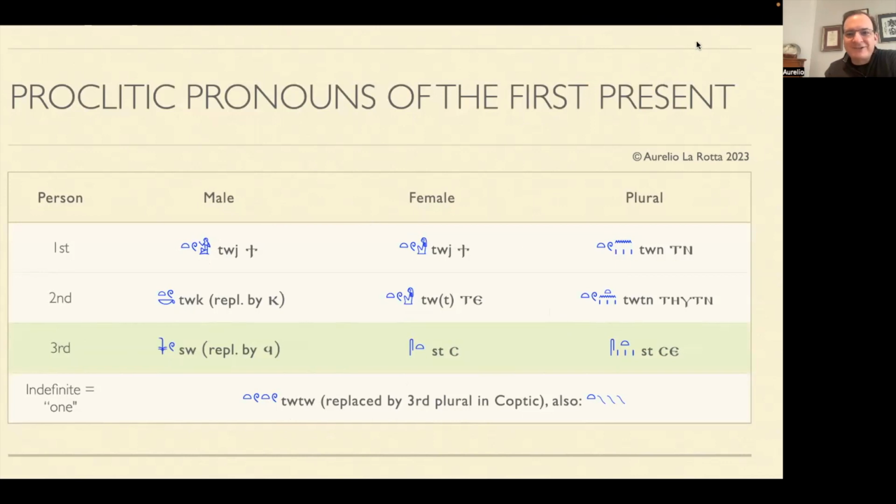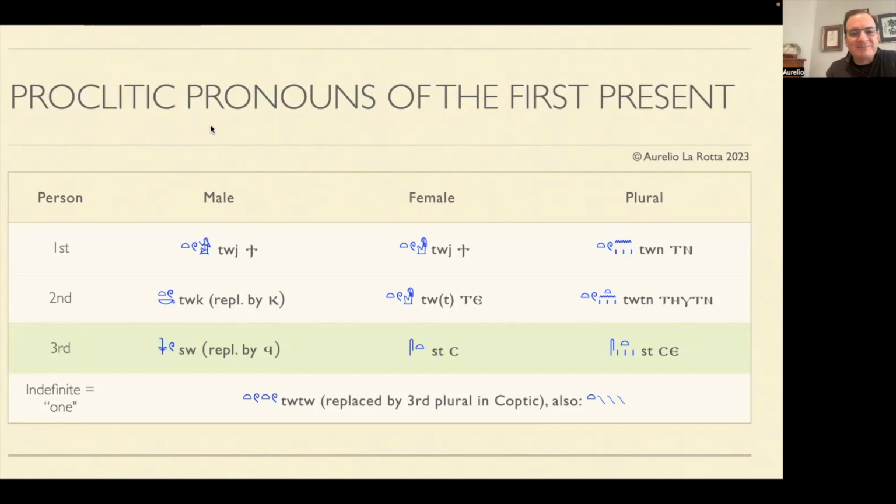So those are our so-called proclitic pronouns of the First Present. They have different names in different grammars. Černý and Groll call them the preformative pronouns. In Cavalier, maybe an Italian thing, they call them the performative pronouns, which makes me want to do mime. But in any case, whatever you want to call them, I actually like proclitic pronouns because that's what they are.